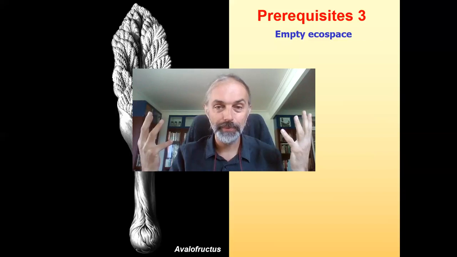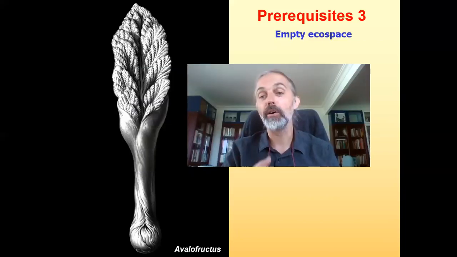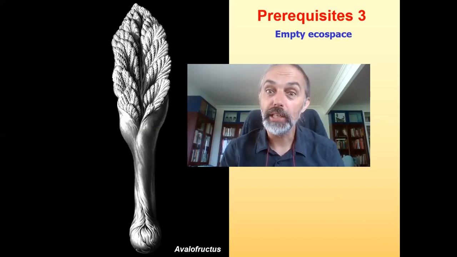The lesson here is, for things to radiate, to explore new space, explore new bioplans, you need empty ecospace to radiate into. And that's actually what existed also for the Cambrian explosion, because these guys that you see here, this is Avalofructus, this is one of our rangeomorphs, this is one of the Ediacaryota.